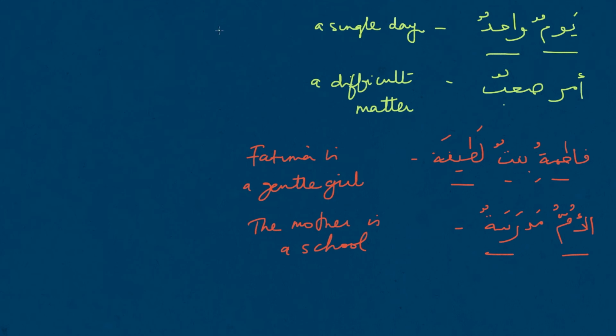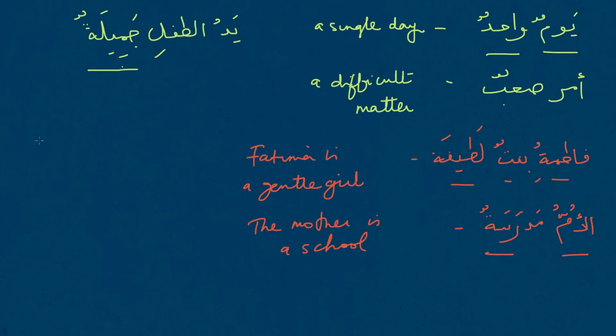Similarly, if we use body parts which are treated as feminine, we can say yadu الطفل, يد الطفل جميلة.